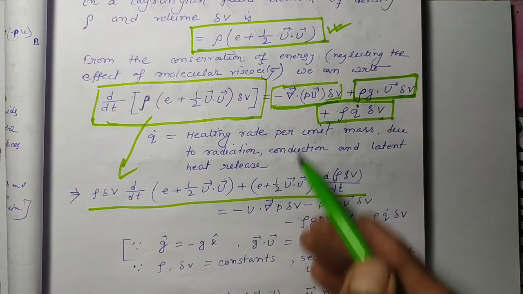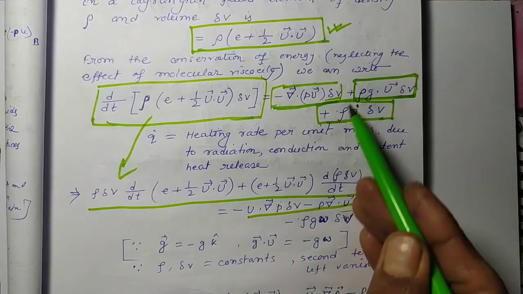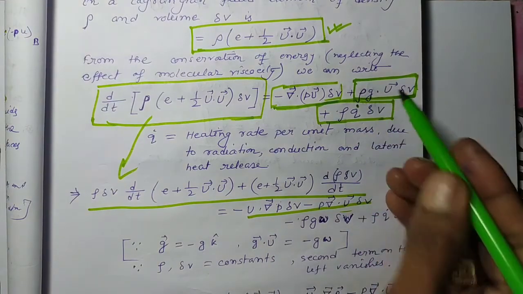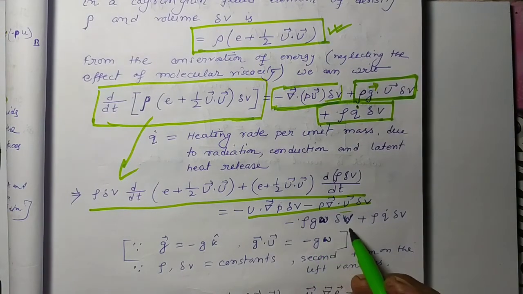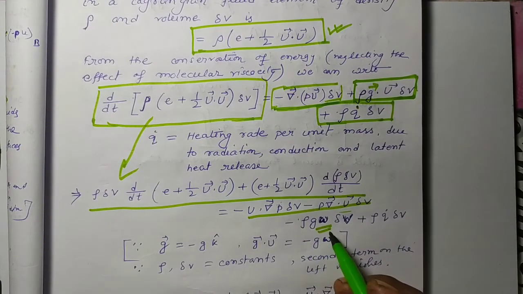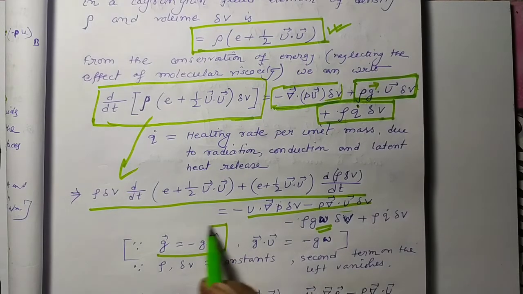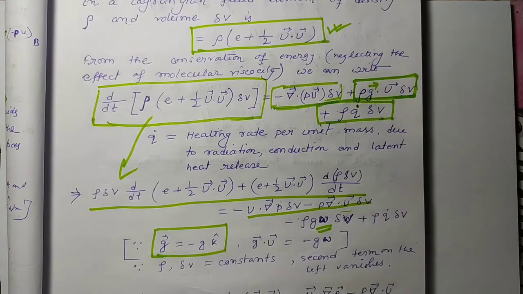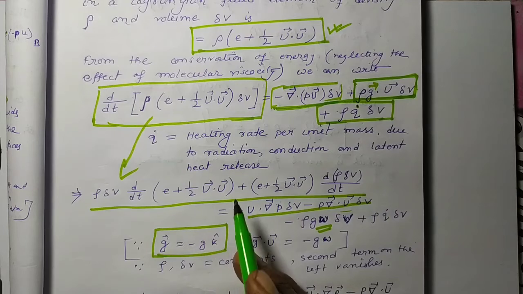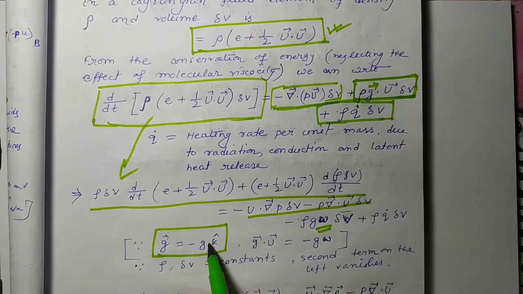So we have just converted the gradient. Now you can see G is a vector, and here we have written rho G w delta V. G w appears because G is given by minus G k cap. Gravitation acts only in the vertical direction, but downward, while the k vector is upward, that's why the negative sign is coming.